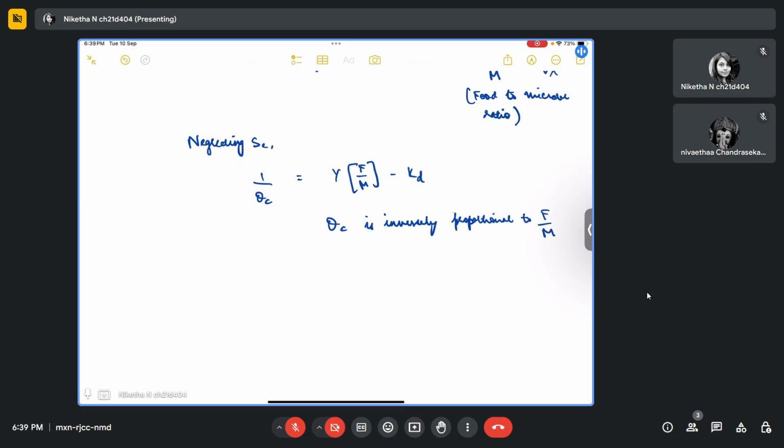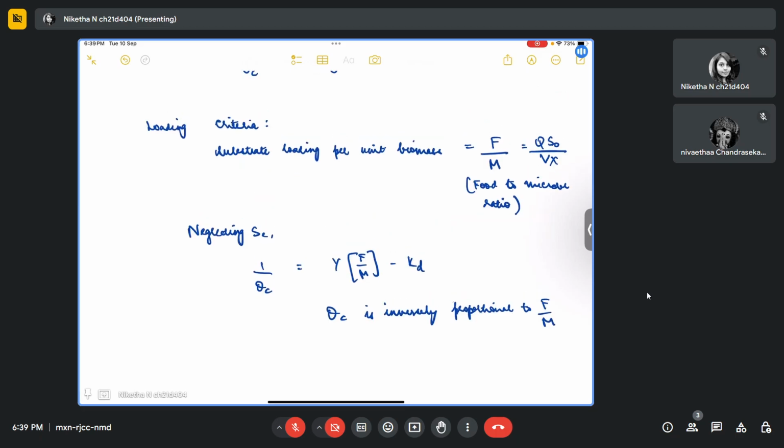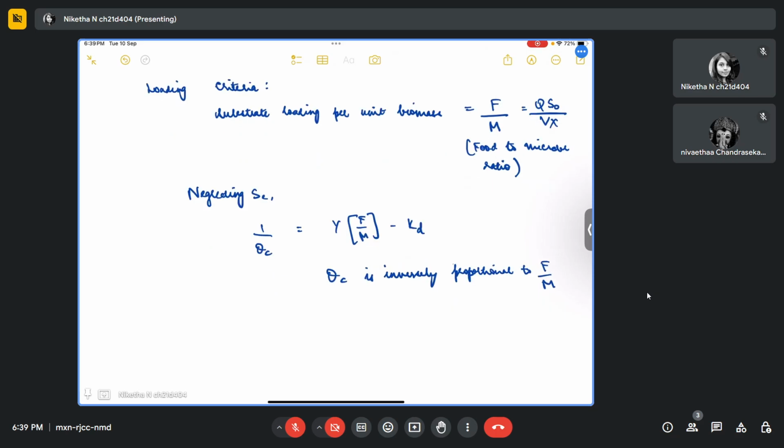What this means is the critical time which is required for microbial growth is inversely proportional to the food to microbe ratio. So if we increase the food and reduce the microbial population, then your F by M is high, and theta C is going to be low.